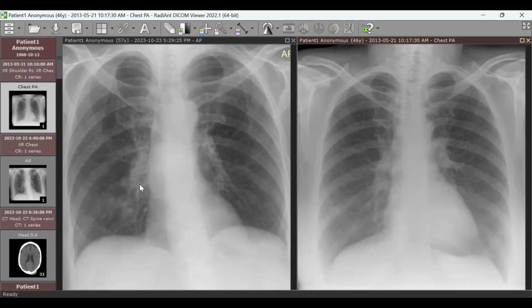Exactly. There might be some increased density of the hilar structures here, but that's not easy to see. But definitely there are some foci of ill-defined airspace disease here. So that's one thing. Now the patient was just mentioned that nothing specific was reported on this X-ray.